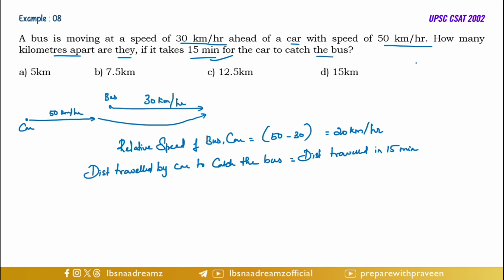Distance equal to d s t. So distance is equal to speed into time.